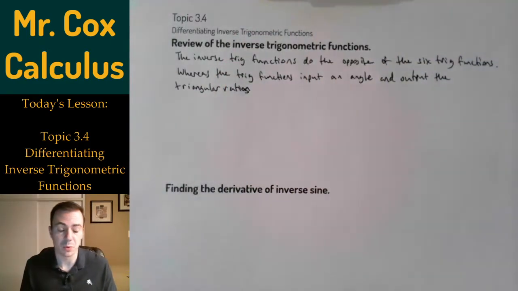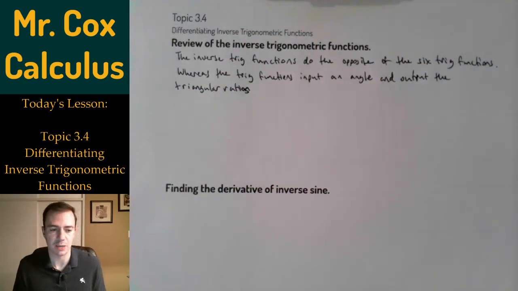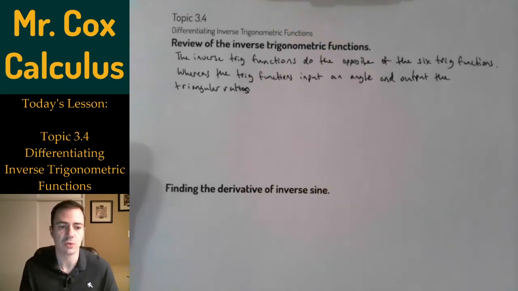So for example, when we say the sine of pi over 6 is equal to 1/2, that means that if I take pi over 6, that angle, run it through the sine function, which is opposite over hypotenuse, I get that 1/2. And that's what you look at when you look at those 6 trig functions.